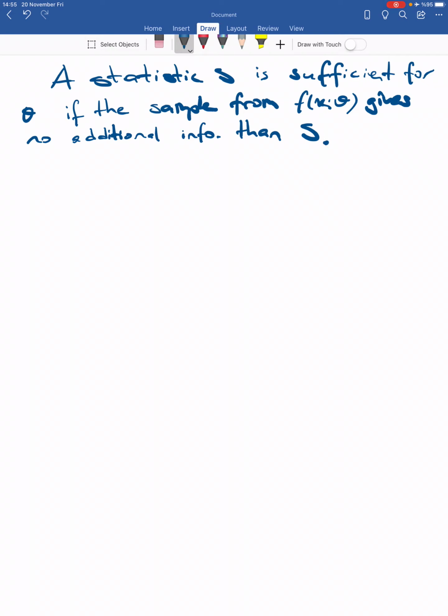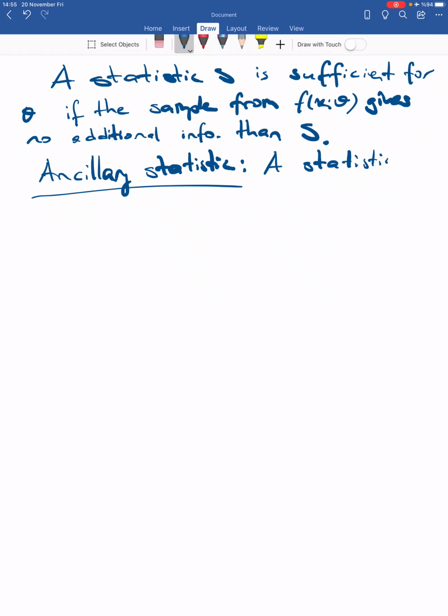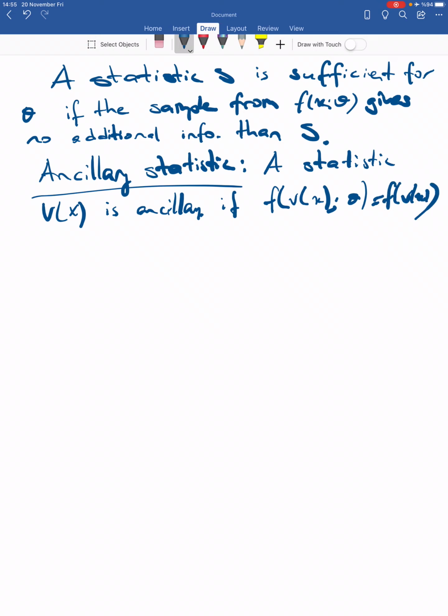So let's say a statistic V(X) is ancillary if the distribution of the statistic is not a function of theta. It does not have any information regarding theta in it.